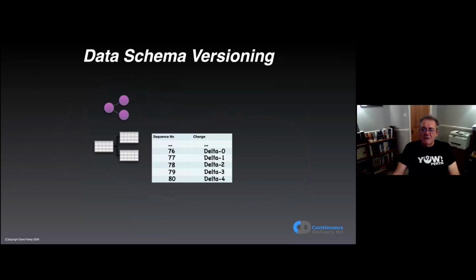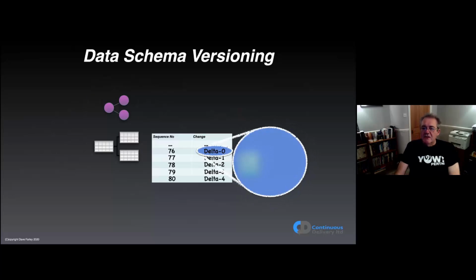So what does one of those Delta scripts look like? We're going to have the schema change, the thing that describes the way in which the data structure changes. We're going to have something that tells us that if we've got any records in the previous version of the schema, this is what it takes to move those to be the right shape for the new version of the schema.